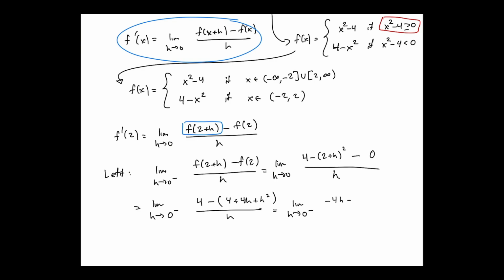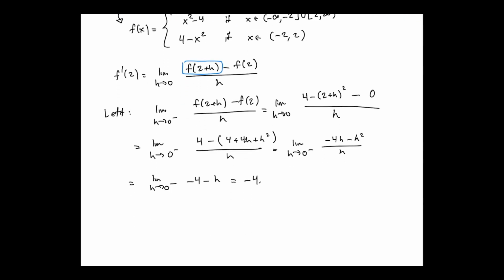And so I've got minus 4h minus h squared over h. What happens to an h? Cancels. And so I just get minus 4 minus h. And what's that limit? Negative 4? Yeah? Okay, good.